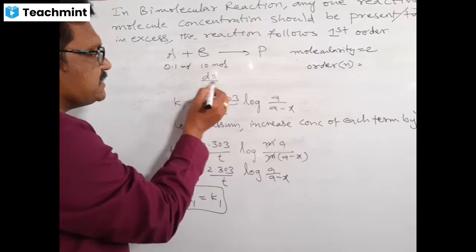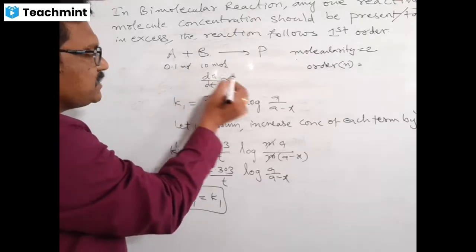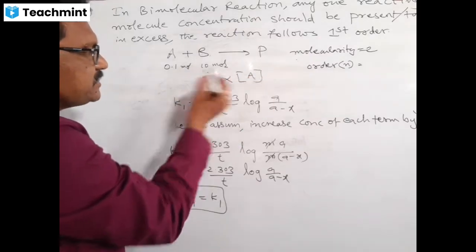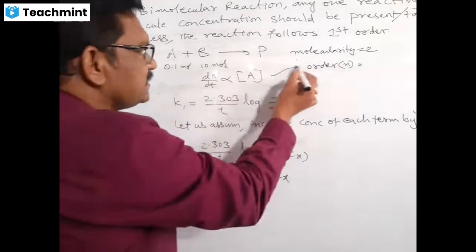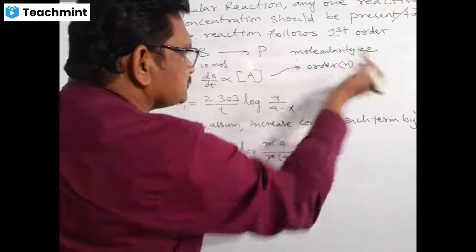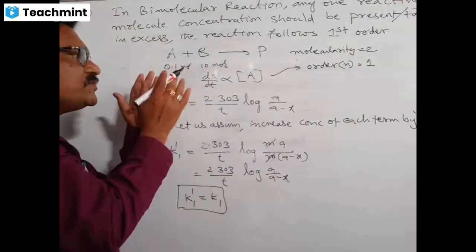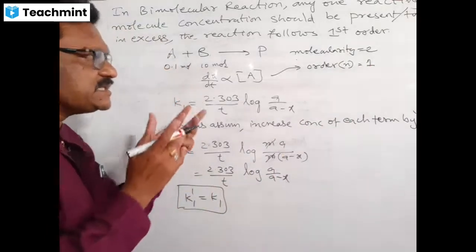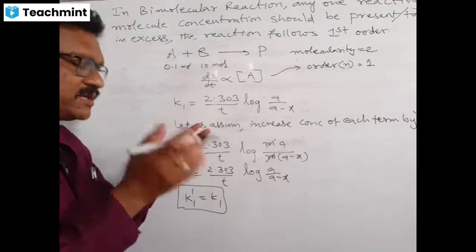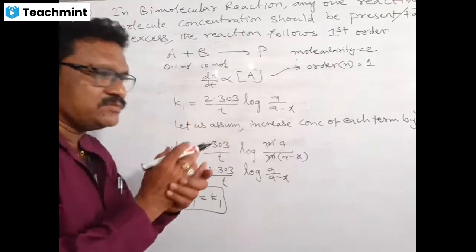Rate dx by dt depends only on the concentration of A molecule. That's why order becomes what? Only one, first order. This thing you remember. So examples for this type of reactions are ester hydrolysis and sucrose hydrolysis.